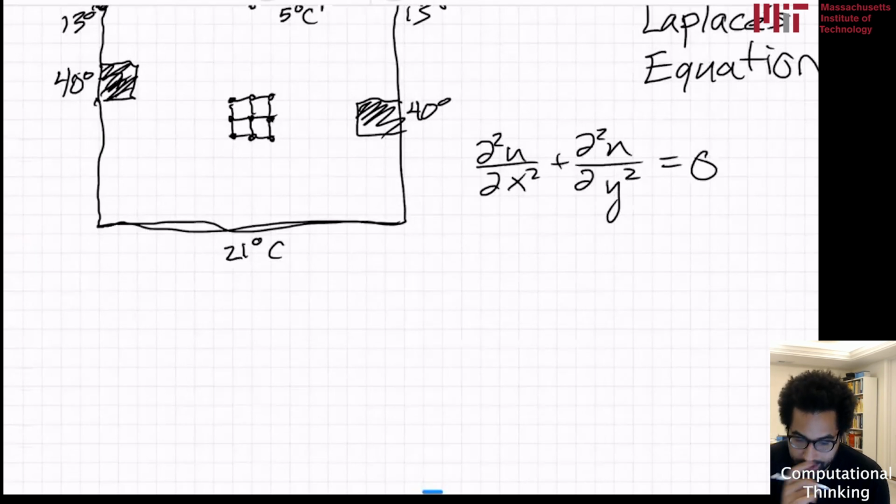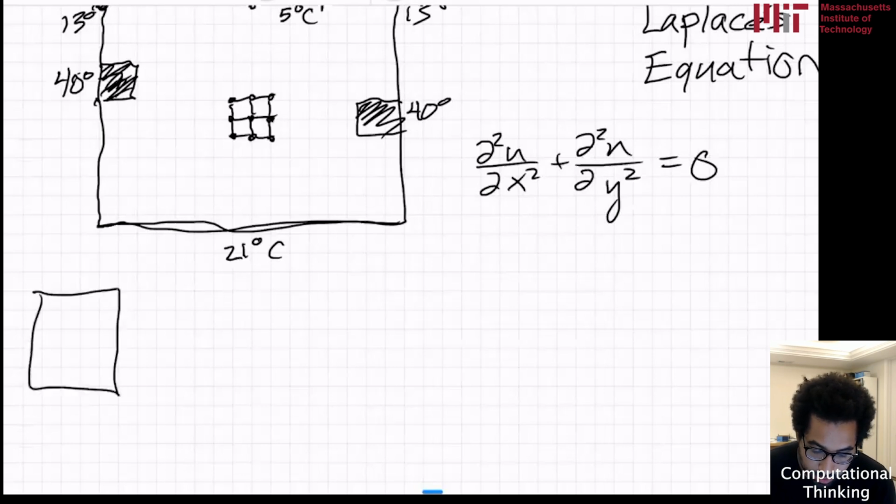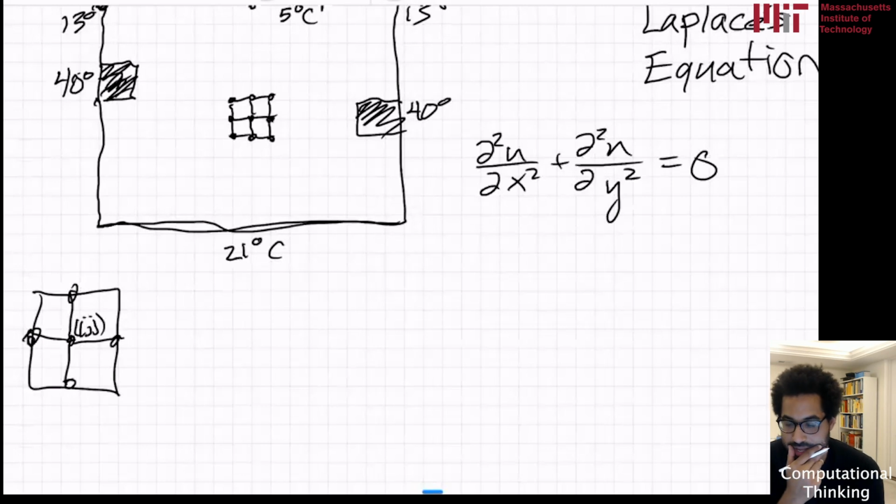The discretization of that at some grid point, let's say we're at grid point ij. So this is ij.